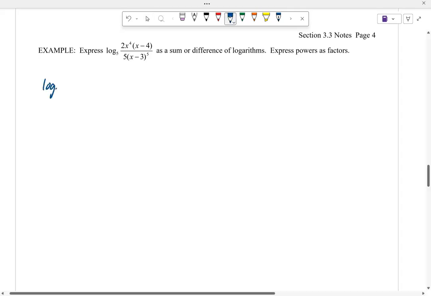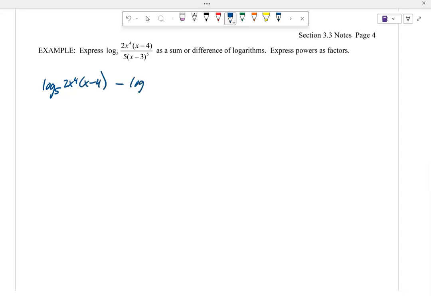So first thing is I would write as log base of the numerator minus log base of the denominator. And then I would go ahead and use the power rule on that. So I got log base 5 of 2 plus log base 5 of that x to the 4th plus log base 5 of that x minus 4.